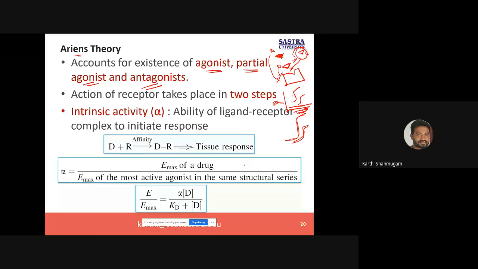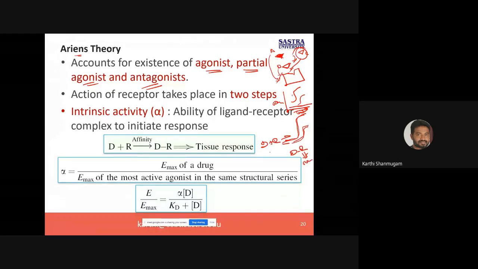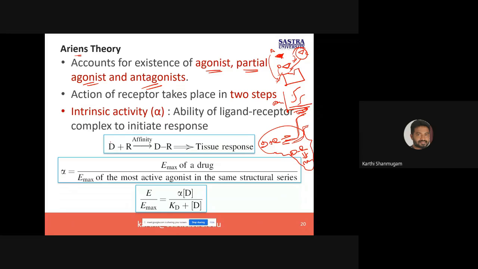Again coming back to the same story, the same thing he explained. The drug molecule goes and binds to the receptor, where an equilibrium exists and it forms the drug receptor complex, leading to the response. For all the theories we will use the same equation to explain the concept. The formation of this drug receptor complex leads to the tissue response or biological response.